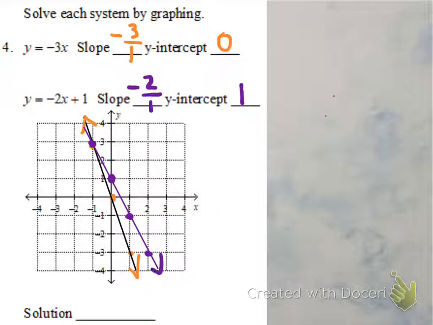So hopefully you can tell where they intersect. And they intersect at the point -1, 3. So make sure on these you name the specific point where they intersect.